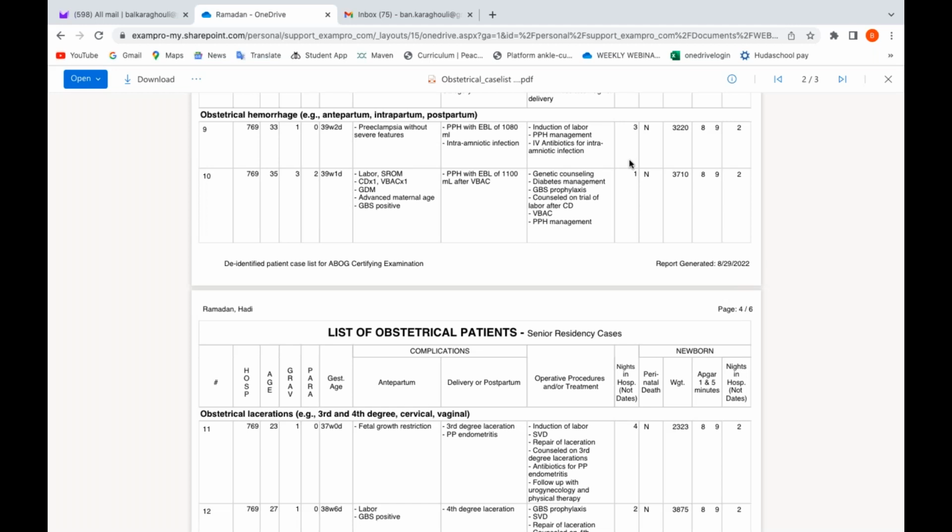You're measuring it every hour. What's your goal blood sugar? The goal blood sugar is, I believe, between 80 and 120. No, sorry, between 60 and 120.